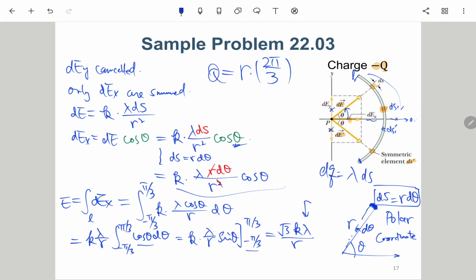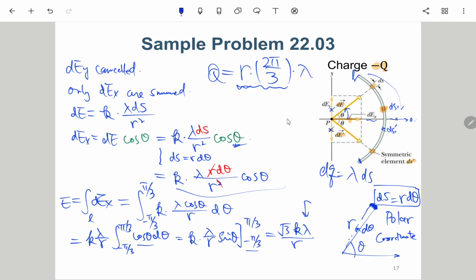So this is the angle multiplied by the radius, which is the arc length, the length of the rod, r times 2 pi over 3. This is the linear charge density, so this lambda times the total length will be the total charge.